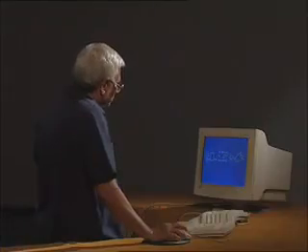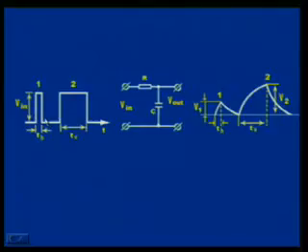It means for a short duration pulse and a long duration pulse, the output is totally different, which was not the case for the differentiator, but it is in the case of the integrator.